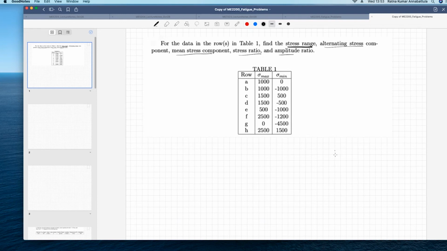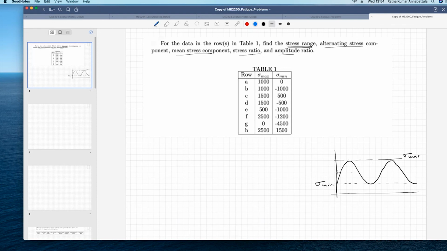If you would draw your load versus time plot, let us say, okay, I'm just drawing a typical load versus time plot. And this is your sigma max, and that is our sigma min, right?